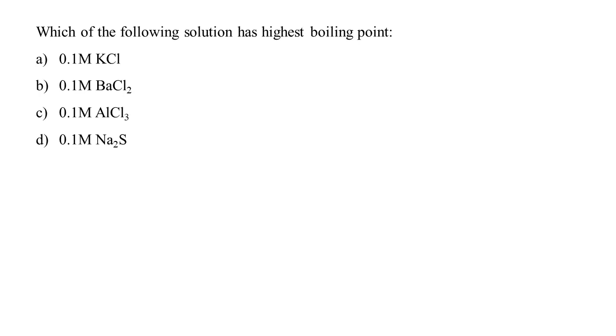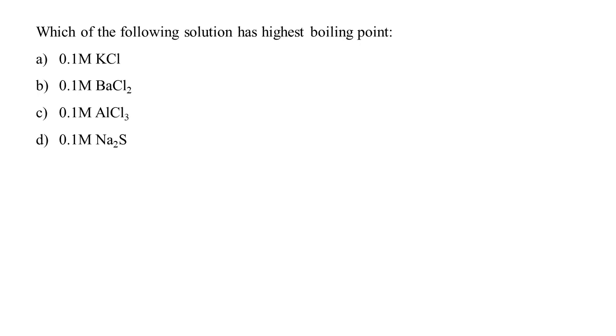Which of the following solutions has the highest boiling point? In the present case, if you see, different types of components have been given, different salts have been given, और ये पूछा गया है कि किसका highest boiling point होगा. As you know in the colligative properties, the boiling point is dependent upon the number of moles.